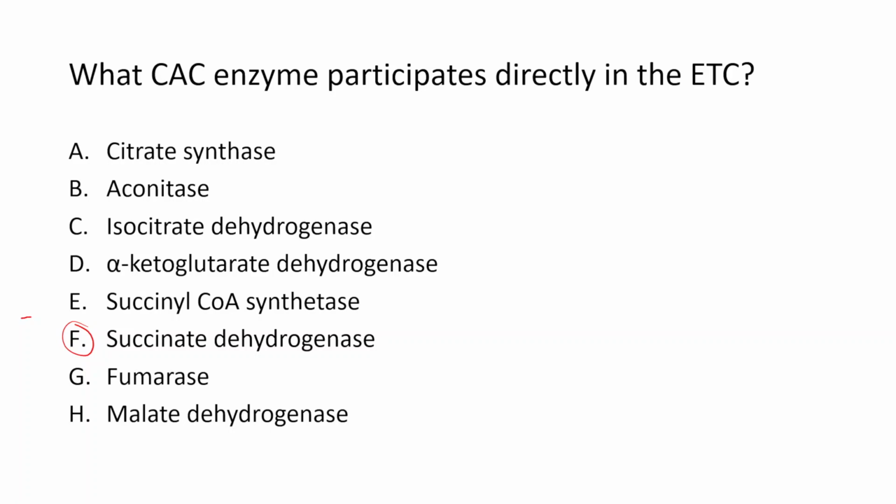FADH2, yeah. And we just talked about how FADH2 enters the electron transport chain through complex 2. And in fact, this enzyme, succinate dehydrogenase, is part of complex 2. So the FADH2 goes straight into the electron transport chain that way.